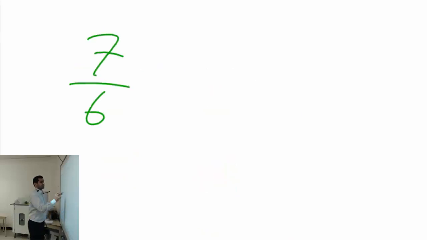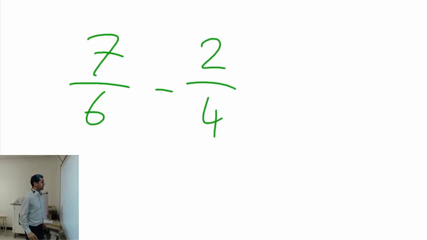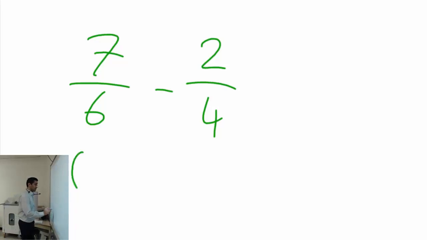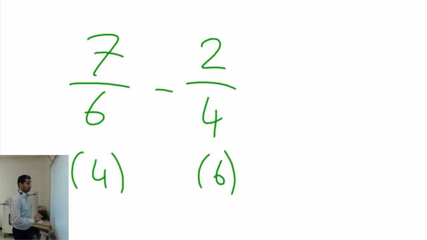7 divided by 6 minus 2 divided by 4. Now, let's go ahead and talk about this. Remember what I said? The best way to make both fractions have the same denominator is multiply that with 4, multiply that with 6. So that's the best way. But soon I will show you there is another way, easier if we can figure it out. But you won't make a mistake anyway.